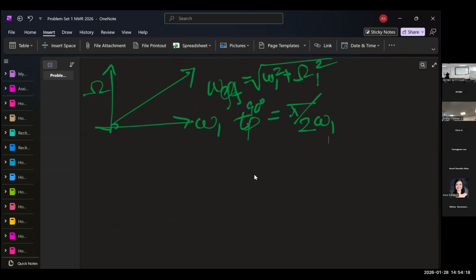In other words, if you have omega effective as the field, and you have the pulse length, how do you calculate the angle through which the magnetization will rotate? Right? Makes sense?